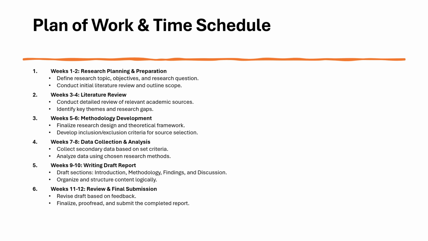For example, weeks 1 and 2 are research plan preparation, week 3 is the review, weeks 5 and 6 are method development, weeks 6 to 7 can be data collection and analysis, weeks 9 to 10 can be writing draft reports, and weeks 11 and 12 can be the review and final submission.